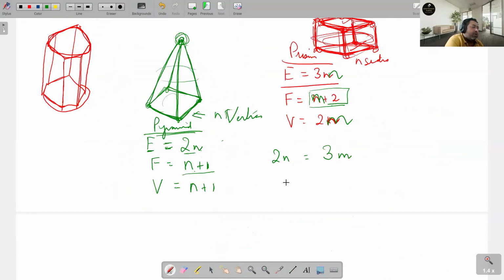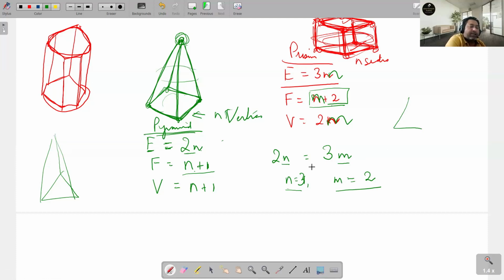The minimum values for this equation to hold, where n and m are integers, are n equal to 3 and m equal to 2. Now n equal to 3 is still possible, you can have a triangle in the prism. But m equal to 2 is not possible, because with two sides you cannot have a polygon. So this one doesn't work.